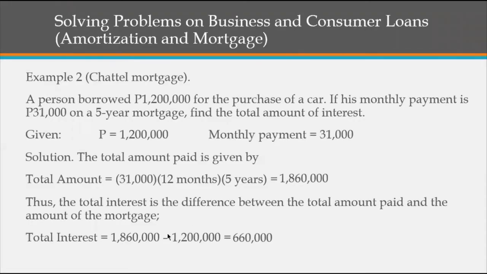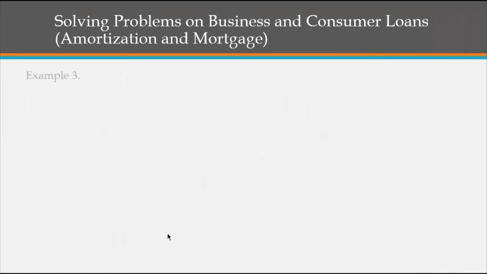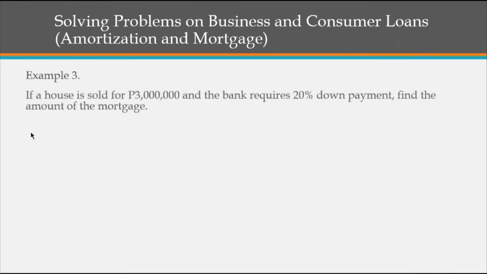Okay, next example, number 3. If a house is sold for 3 million pesos and the bank requires a 20% down payment, find the amount of the mortgage. Okay, so another example na tinatawag natin mortgage.